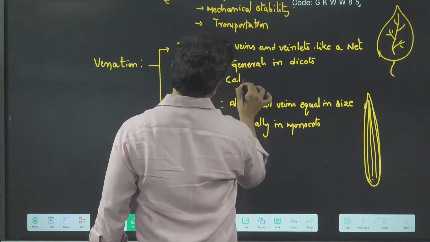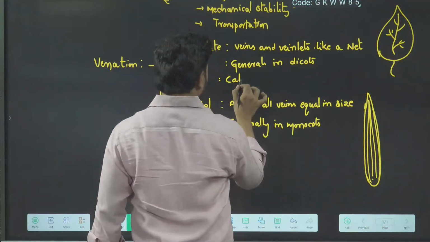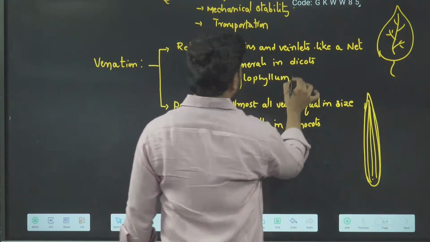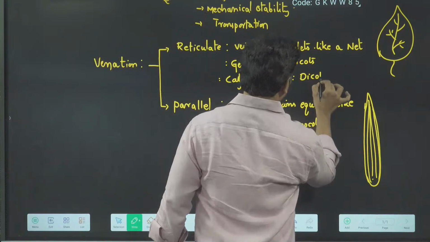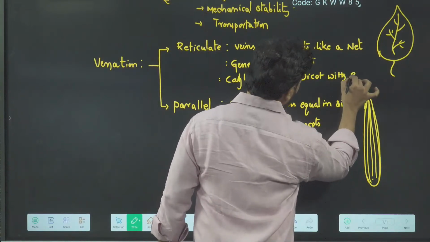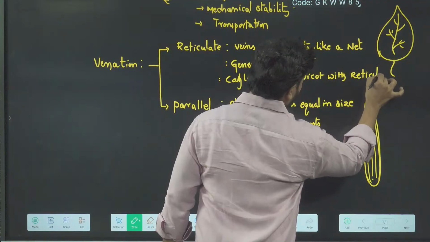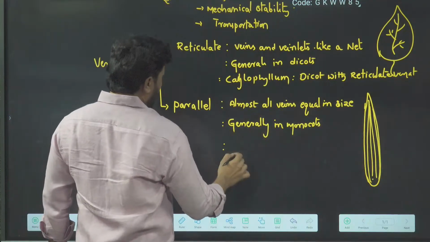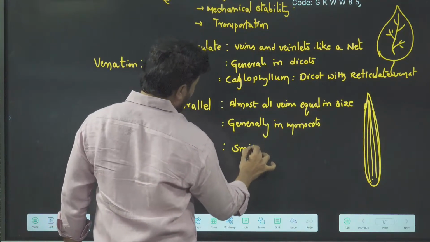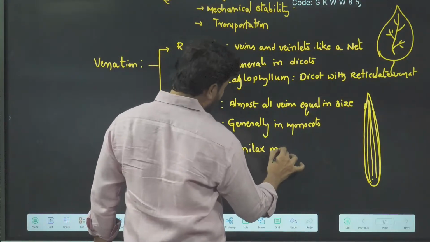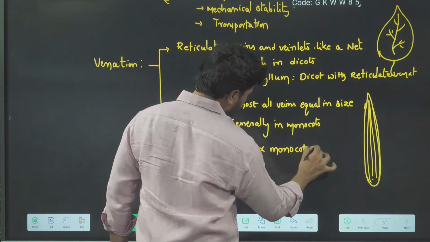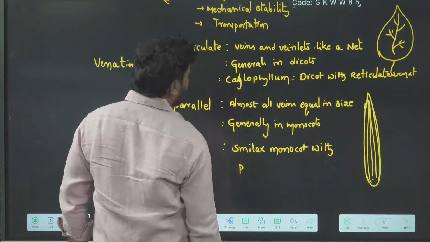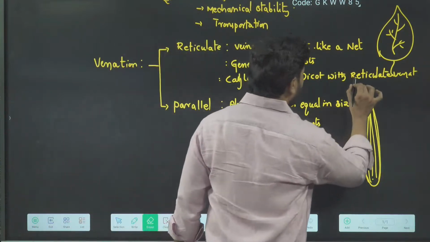Calophyllum. It is a kind of dicot with, sorry, calophyllum is a dicot with parallel venation.